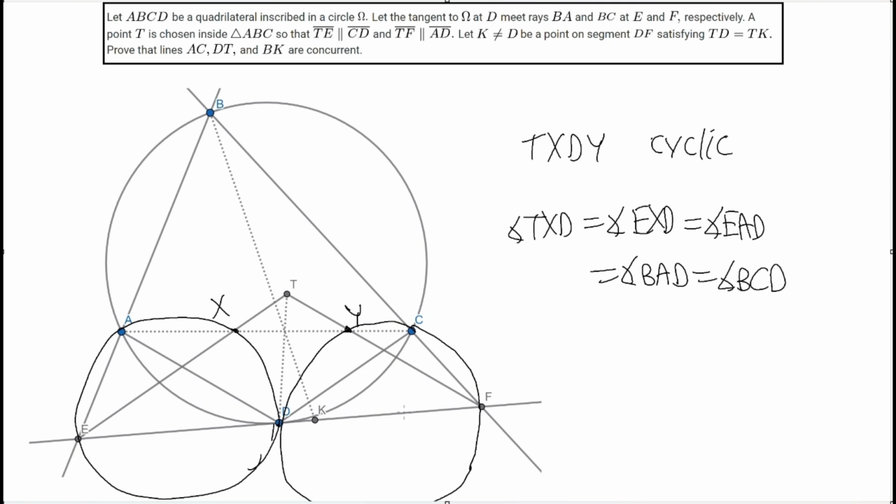And then we're just going backwards from here, because then this is just directed angle FCD, which is directed angle FYD, which is directed angle TYD. This proves that the quadrilateral is cyclic, and therefore that these two circles are tangent to line TD.